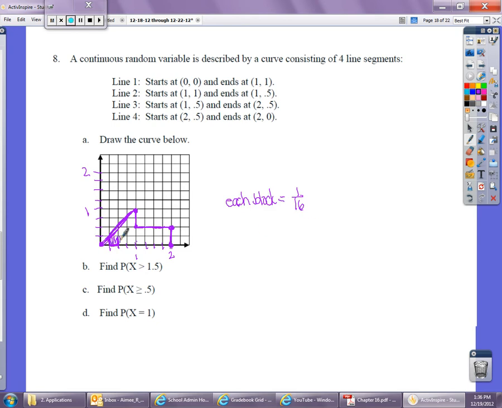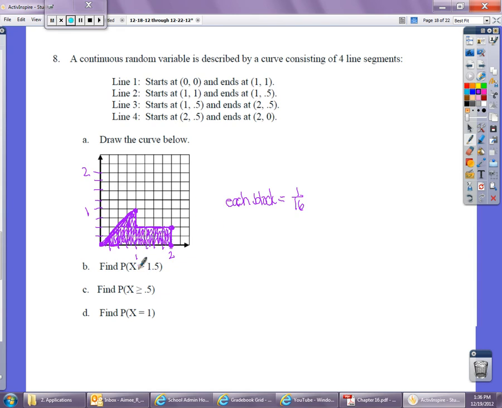So 1, 2, 3, 4, 5, 6, 7, 8, 9, 10, 11, 12, 13, 14, and then 1, 2, 3, 4 halves makes 2 wholes, so there's my 16 blocks. Now you could also calculate the area of each section. It's up to you, however you want to do it.